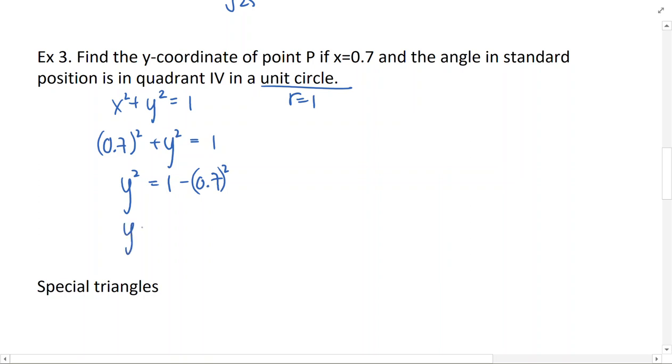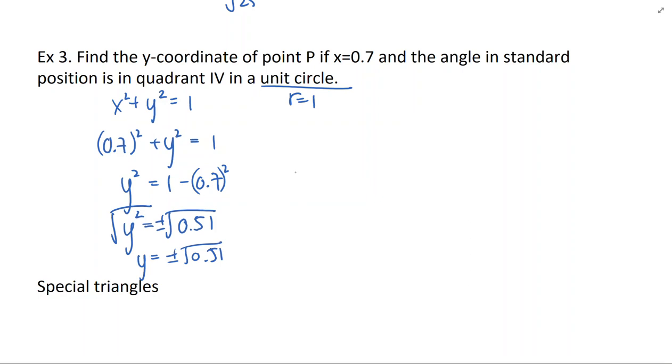So from here we know y squared equals, let's see, 0.51. We want to get y by itself, so it's going to be plus minus here. So we know y equals plus minus root 0.51. So let's just do a quick sketch here.